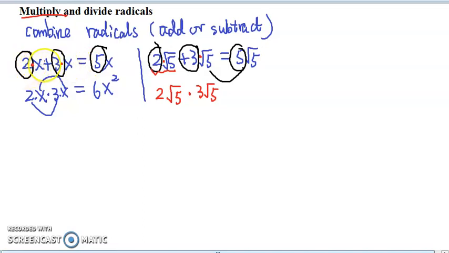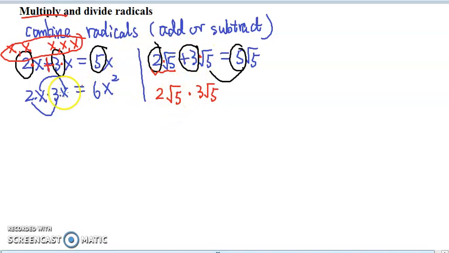And so we just do addition, and when we add things like this, we keep x. We add the numbers in front of them, because 2 times x means 2 copies of x, 3 times x means 3 copies of x. Together, when you add them, you get 5 copies of x. And so the same thing for the radicals.